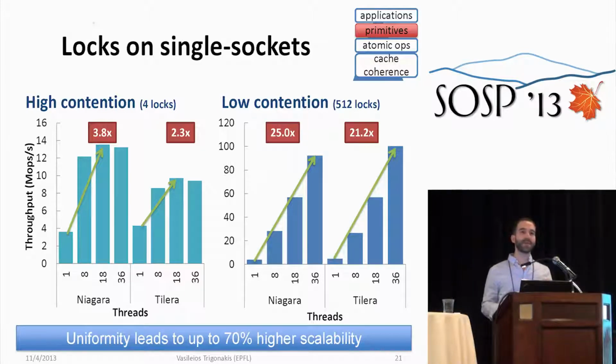However, if we look at the precise numbers, the 3.8x maximum scalability on high contention on the Niagara compared to the 2.3x maximum scalability on the Tilera is 70% more, while the 25x maximum scalability of the Niagara compared to the 21.2x maximum scalability on the Tilera is approximately 20% more for low contention. So overall, we observed that, indeed, the uniformity of the Niagara provided higher scalability, and actually it led to up to 70% higher scalability on the locks experiment.